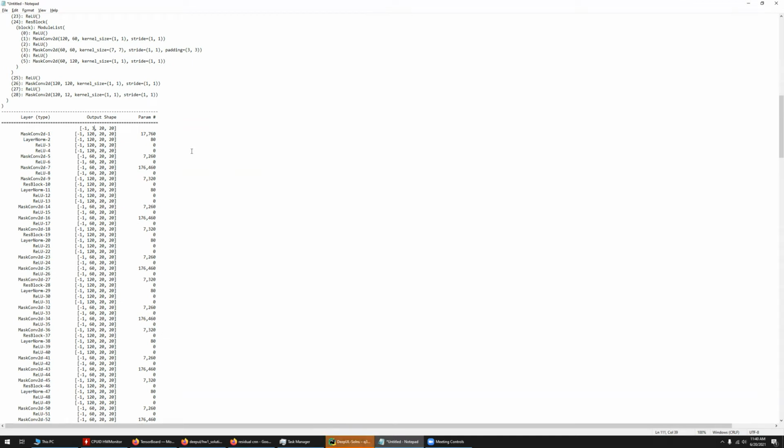Yep. So the only problem is that after the first layer they get mixed together, right? So this 120 by 20 by 20 has all three of them mixed together. So not only do we need to mask the first one, we have to mask all successive ones.